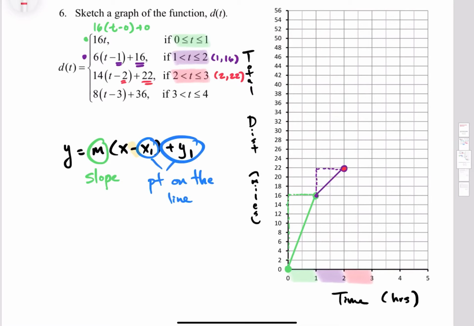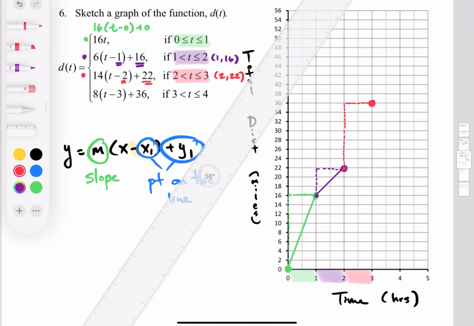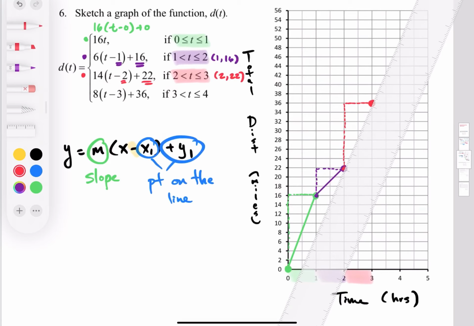Our graph is not going to jump, because they're going on a bike ride, so they're not jumping from one point to the next. We're picking up where we left off, and the slope in this particular case is 14. So I'm going to go up 14 and then over 1. There's our next point, and we take our straight edge and connect those 2 points, and that piece is going to look like this.